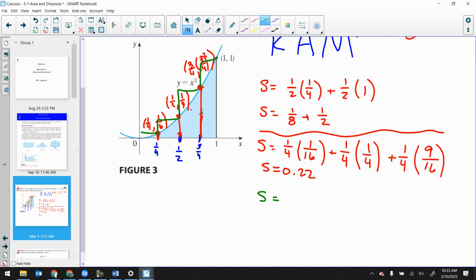So what is this now? This is 1/4 times 1/16 plus 1/4 times this here, 1/4, plus 1/4 times 9/16, plus 1/4 times 1.